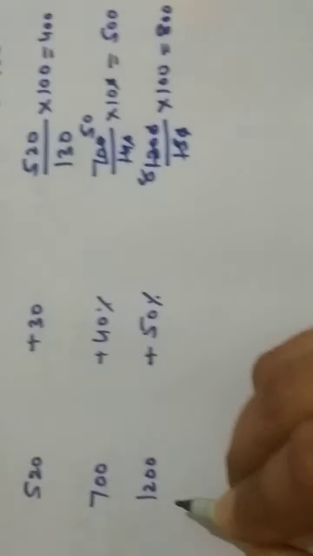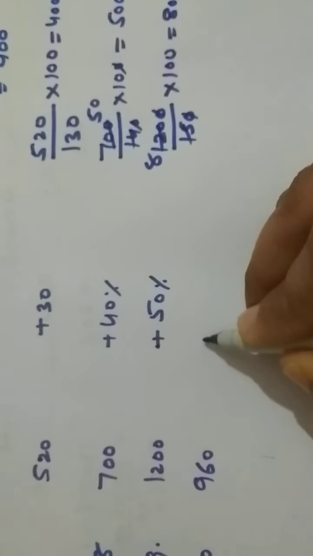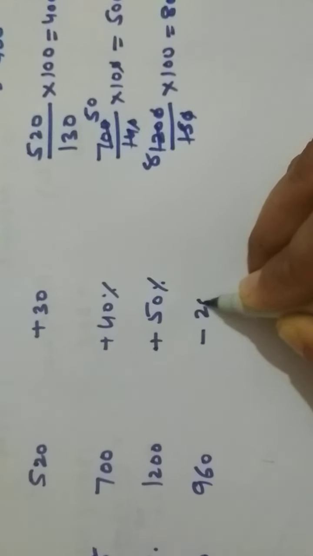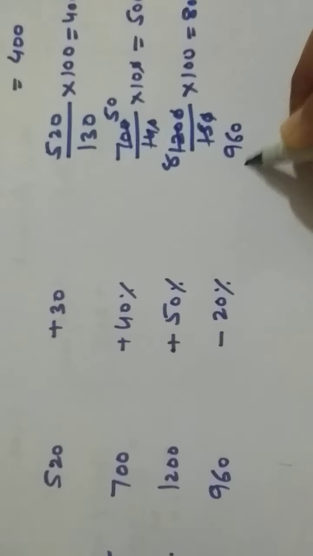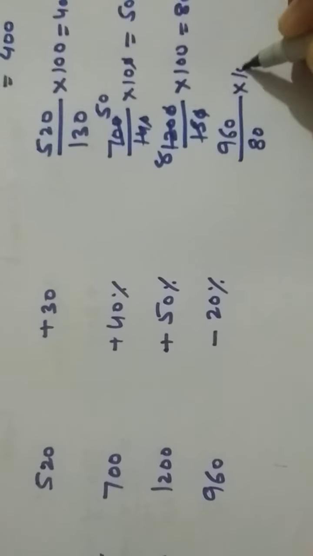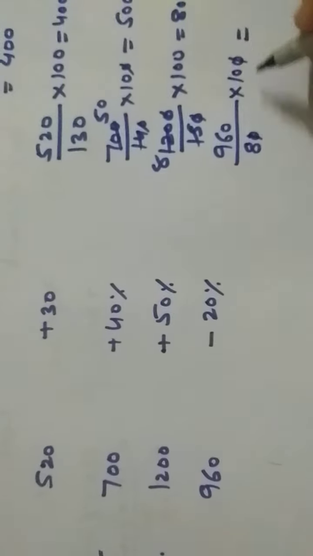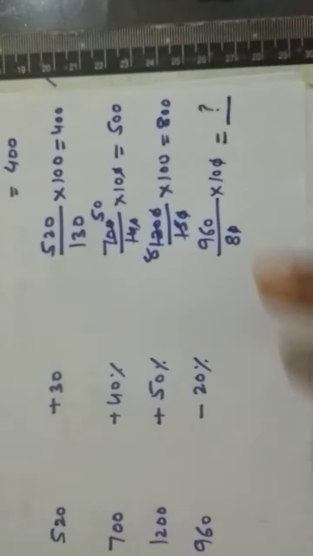So if selling price is 960 and loss is 20%, then cost price is 960 upon 80 into 100, because 100 minus 20 is 80. So in this way we get the cost price.